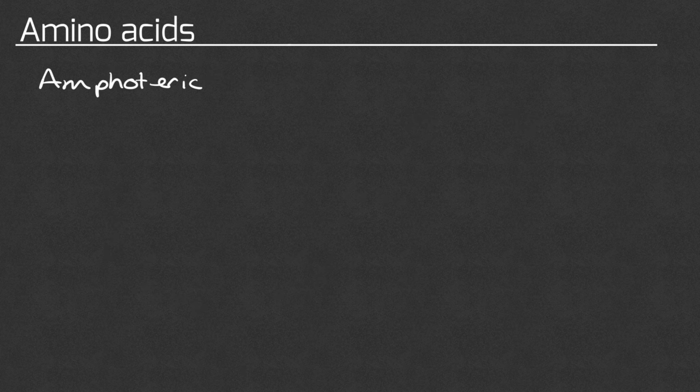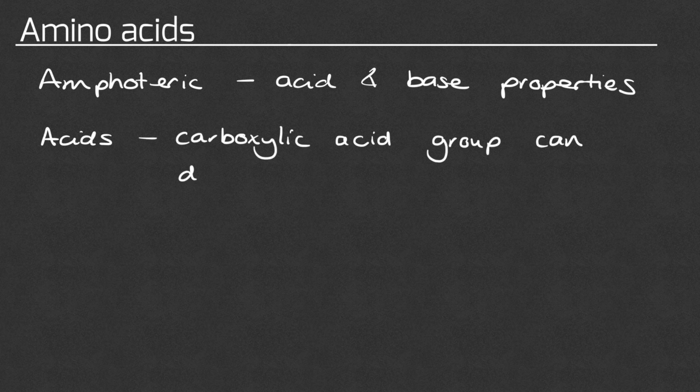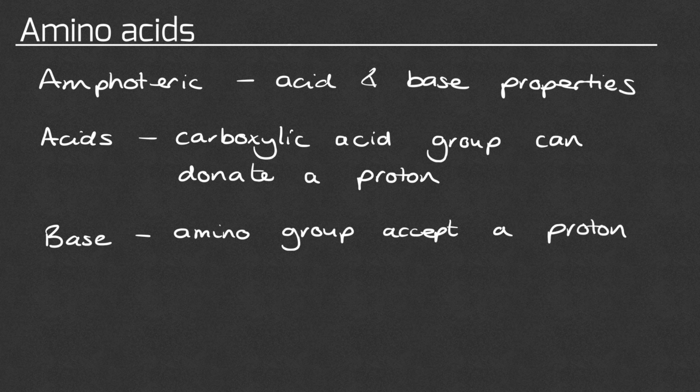Amino acids are also amphoteric. This means that they have both acid and base properties. They can act as acids because the carboxylic acid group can donate a proton, and they can act as bases because the amino group can accept a proton.